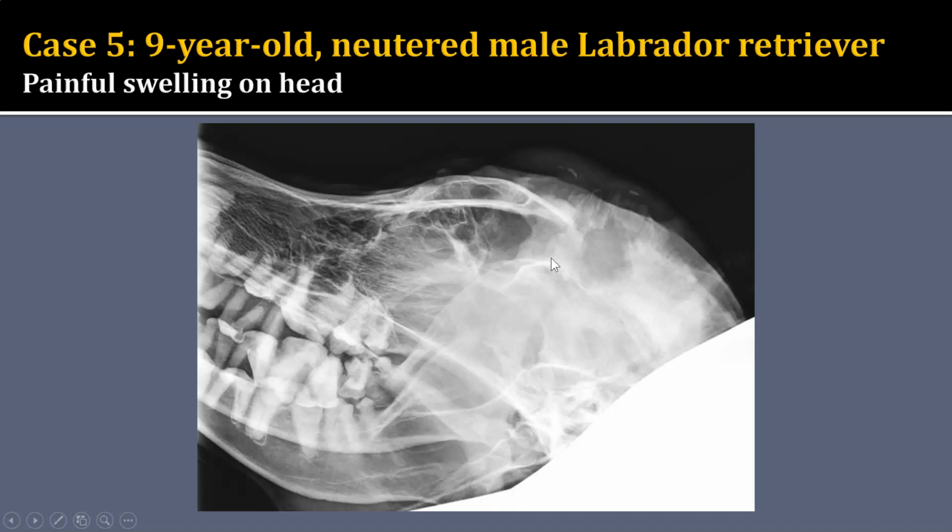And so my conclusion would be that the differentials for this aggressive lesion would be a neoplastic process, so that's my primary differential, and the neoplasms might be a primary osseous tumor, so this could be an osteosarcoma or chondrosarcoma affecting the skull bones.